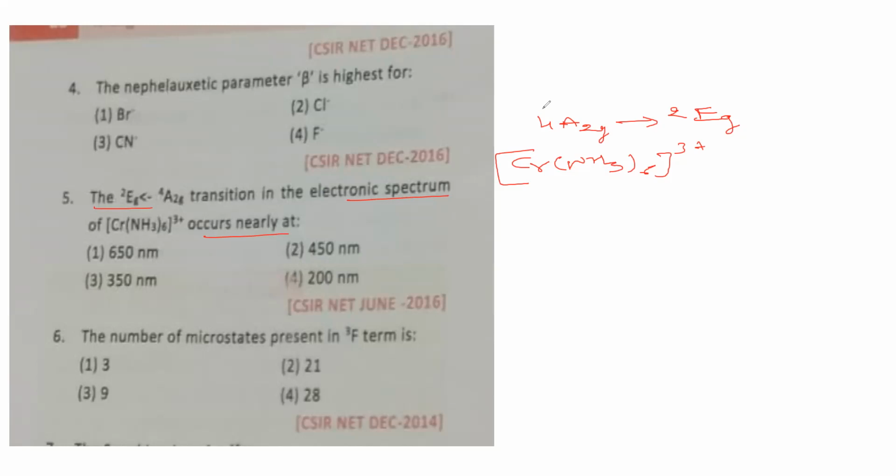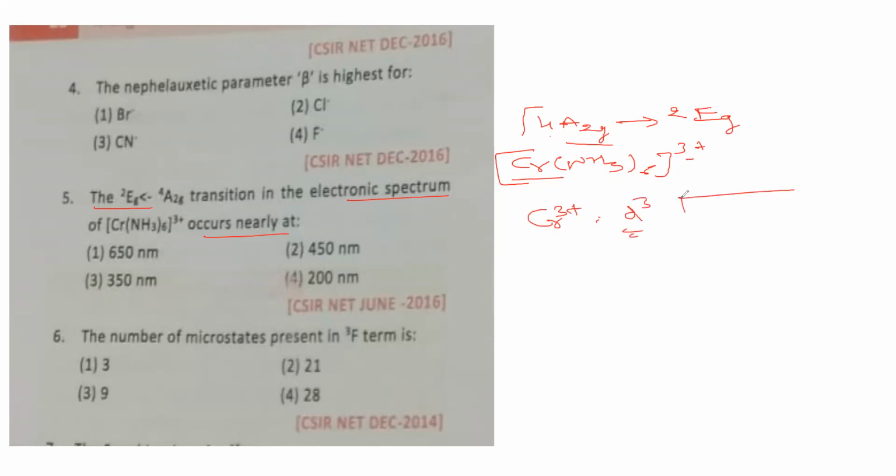So we can directly see that the transition is from 4A2G to 2EG, where 4A2G can be the ground state for this complex, right? So how can we find it out? For example, chromium 3+. Chromium 3+ has a d3 configuration.